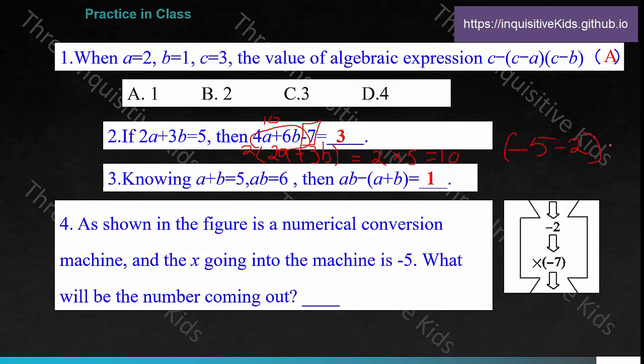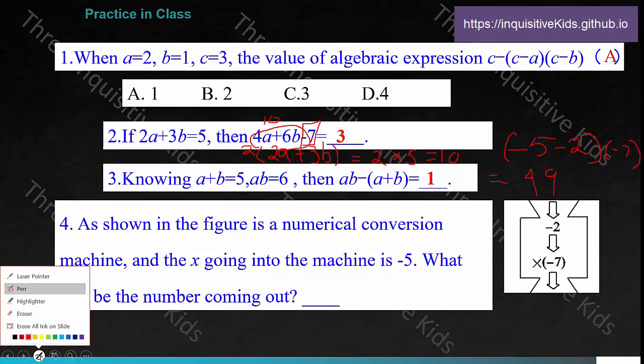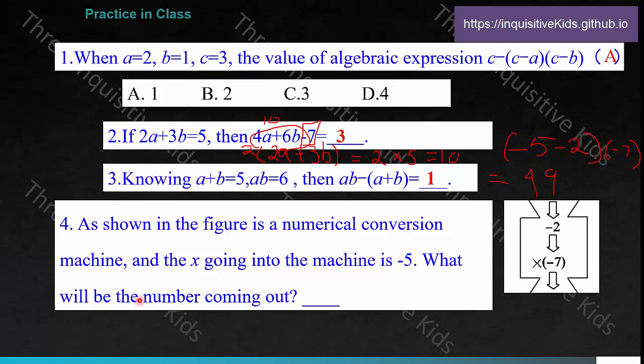And then from that, we multiplied by -7. So we simplify, and then it becomes 49. Remember, negative times negative is going to be positive. And the answer is 49.